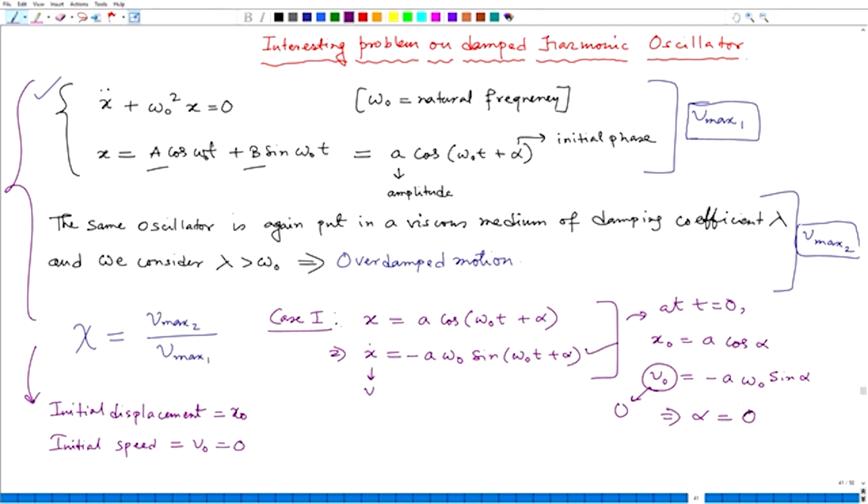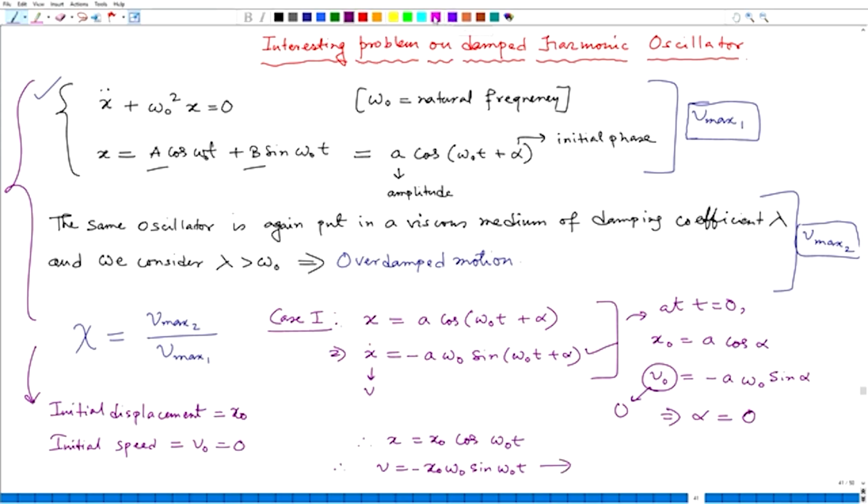So, x will be equal to x0 cos omega 0 t, and V will be equal to minus x0 omega 0 sin omega 0 t. What will then be V max?